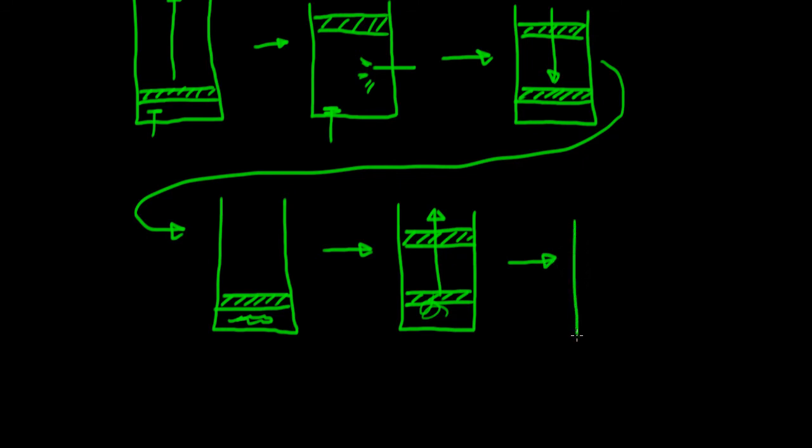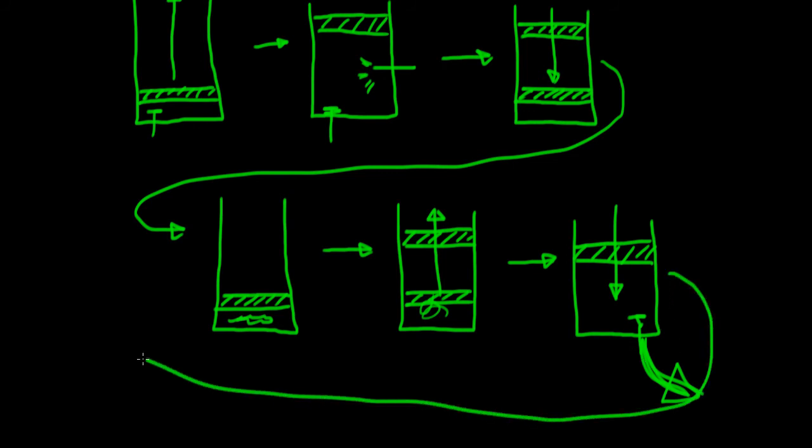After the power stroke, the exhaust valve opens and the cylinder moves downward, forcing the combusted products out into your exhaust. At this point, the cylinder returns and begins its intake stroke again.